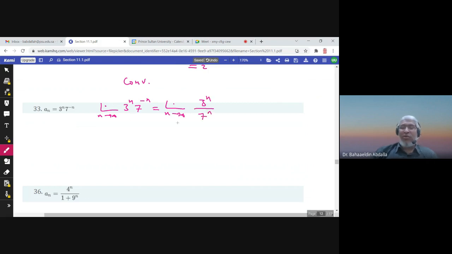If you bring it down, it would be 7 to the power n. And now I notice that I can write it as (3 over 7) all to the power n. And now this is r to the power n. And r is 3 over 7, less than 1. So the limit is 0, since r is 3 over 7 and it is less than 1.